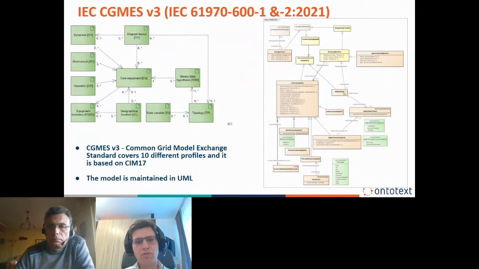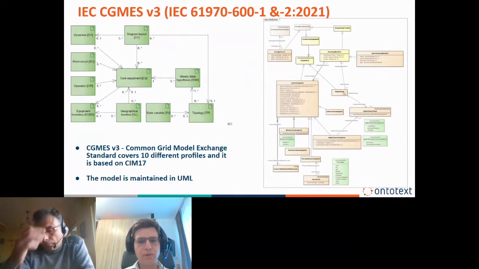And the whole model is maintained in the UML, and you have just a view on that on the right-hand side.